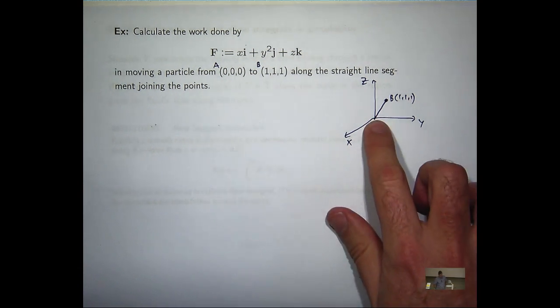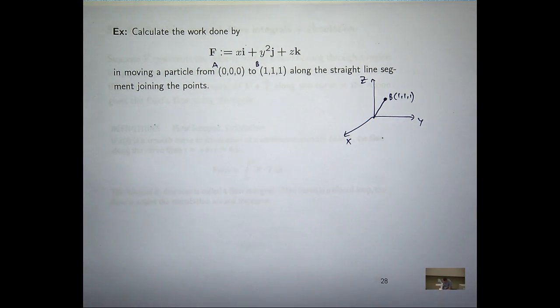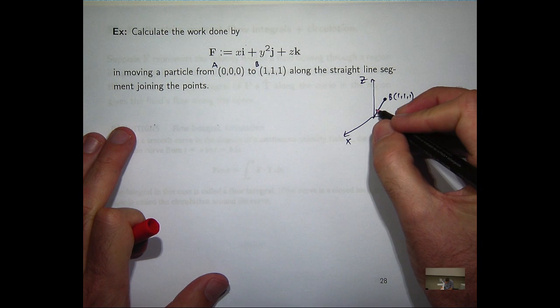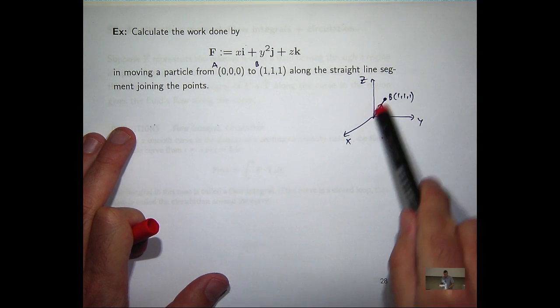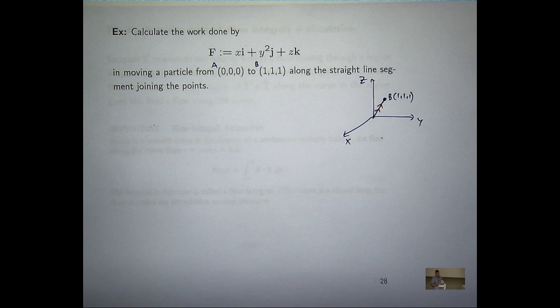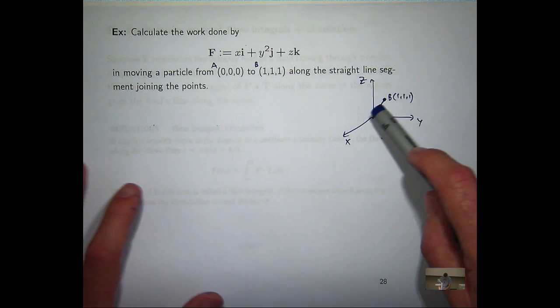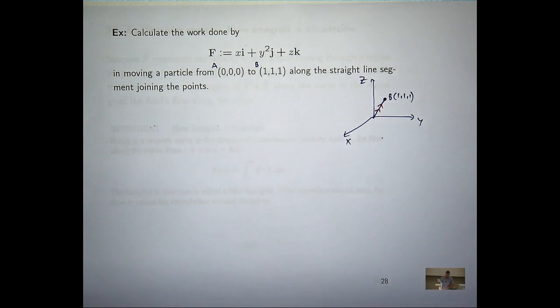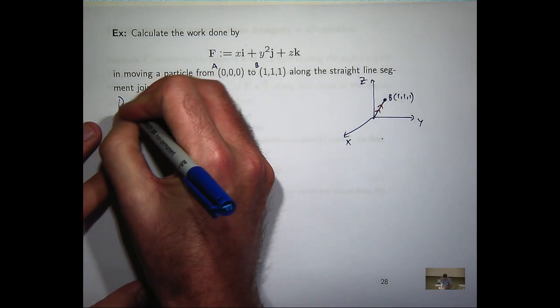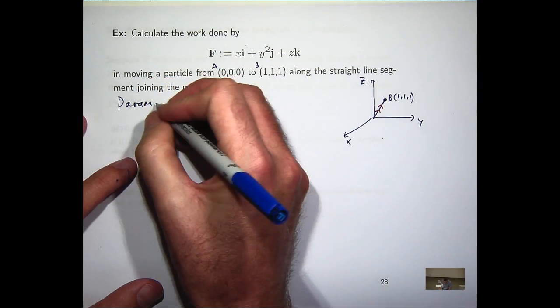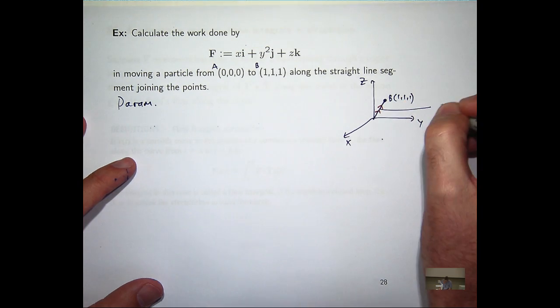Essentially you start at the origin and you move along the straight line in this direction and stop at this point. Okay, so A is just the origin here, big A. The first thing we need to do is find a smooth parameterization, a way of describing our curve. So let's call this C.